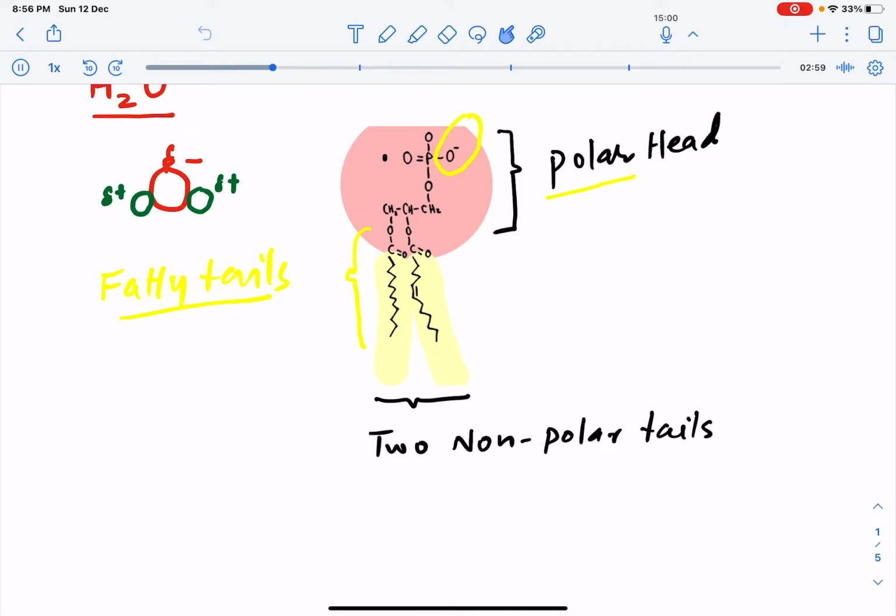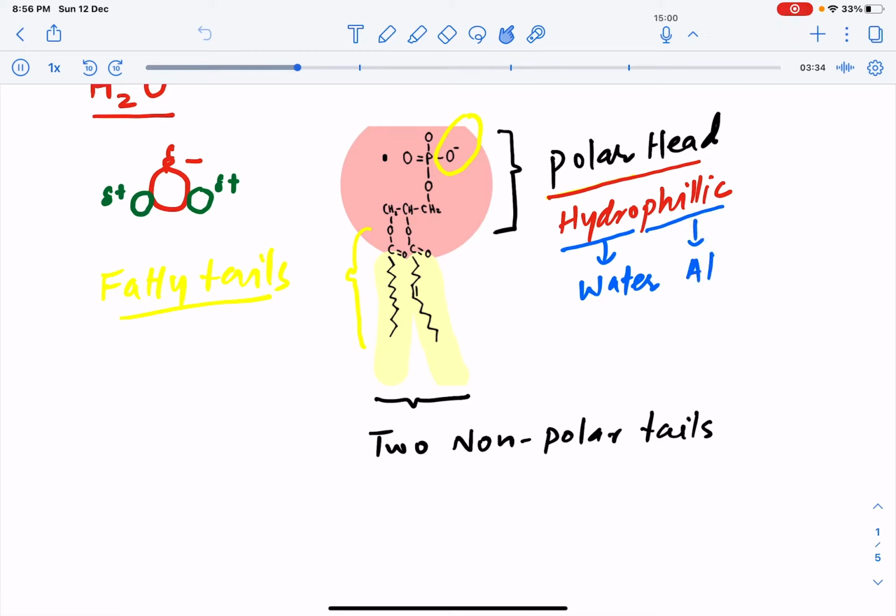It has the ability to dissolve polar molecules, or it can make hydrogen bonding with other polar molecules. So polar molecules are soluble in water, and that's why they are called hydrophilic. Hydro stands for water, and philic stands for affinity or attraction.